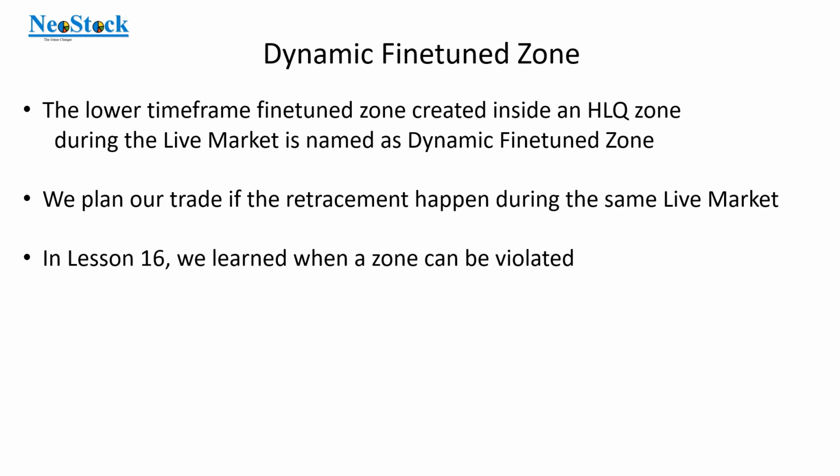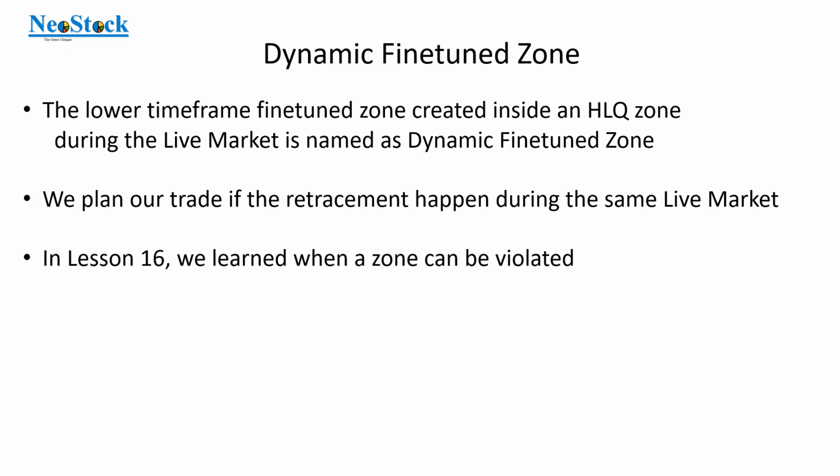And especially the reason why I prepared this lesson is mainly because of this point. In lesson 16, we already learned when a zone can be violated. All the conditions we learned, right?